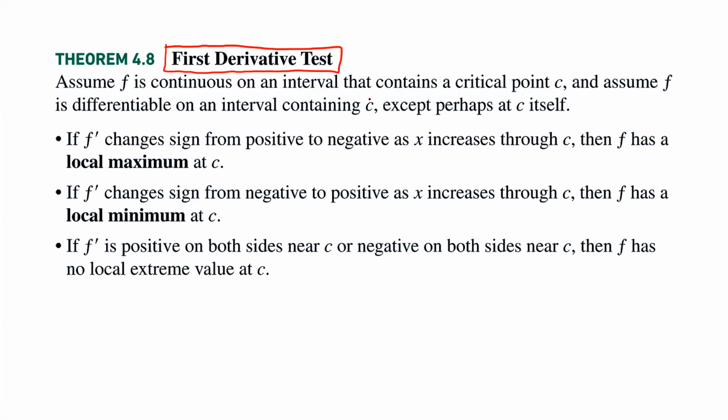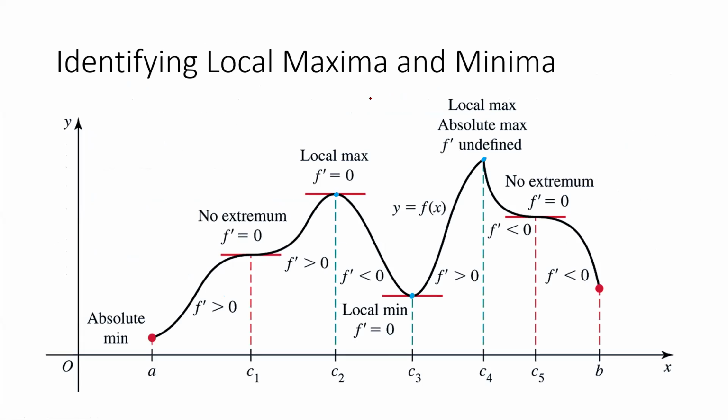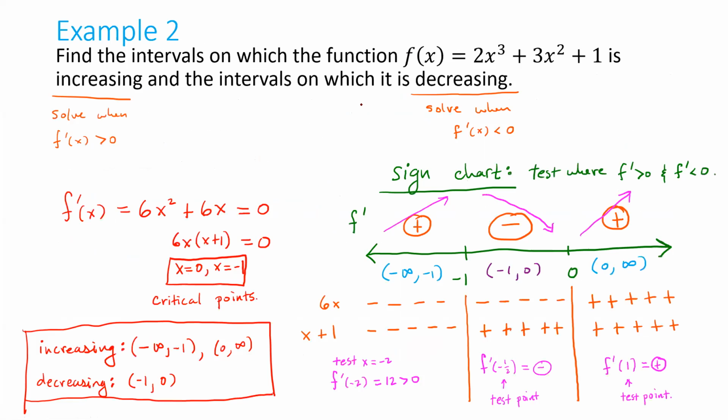If I go back to that example we did a moment ago where we made the sign chart, notice that the sign chart gives you all the information that you need to use the first derivative test. Because we can see at -1, for instance, it changes from positive to negative. So we know we have to have a local maximum there at -1. And then at 0, it changes from negative to positive. So we know we have to have a local minimum there at 0.